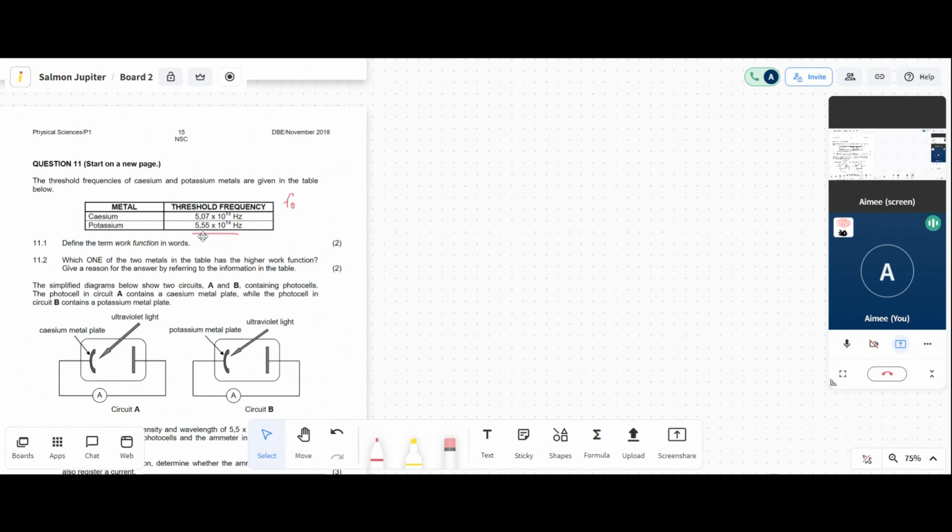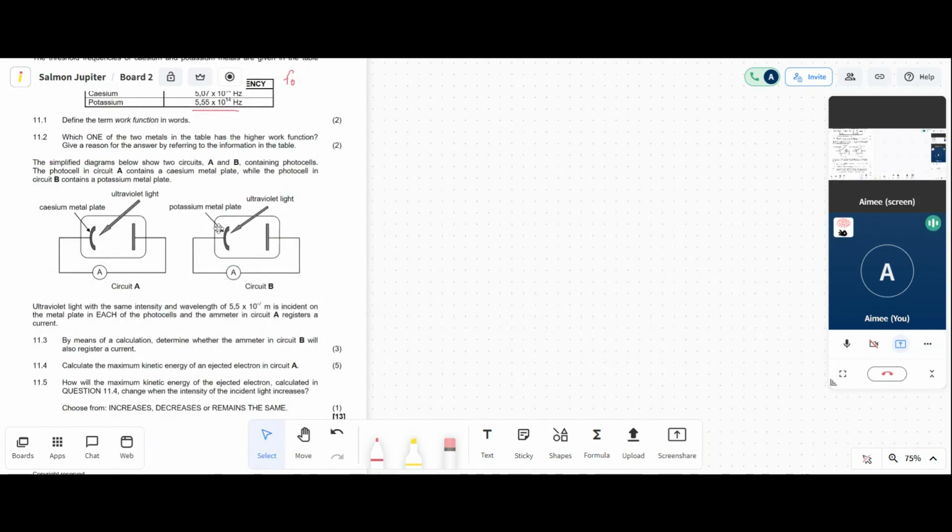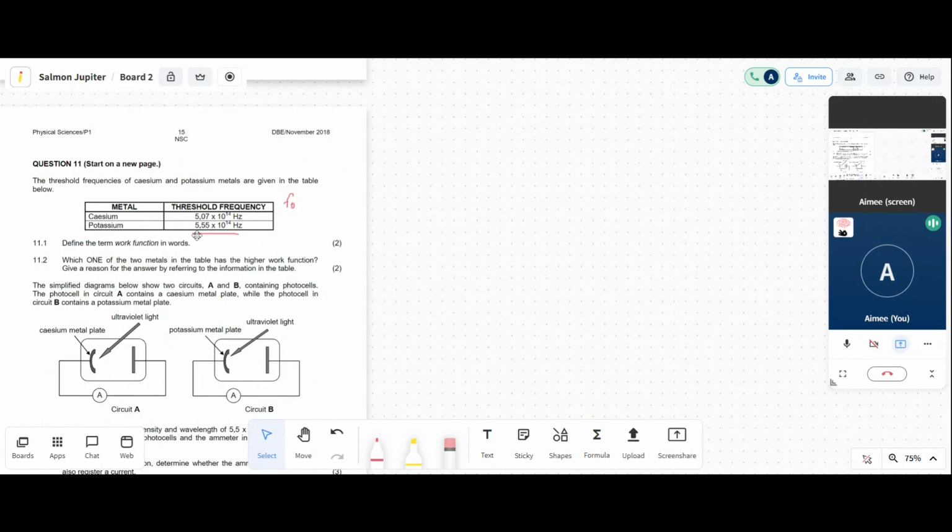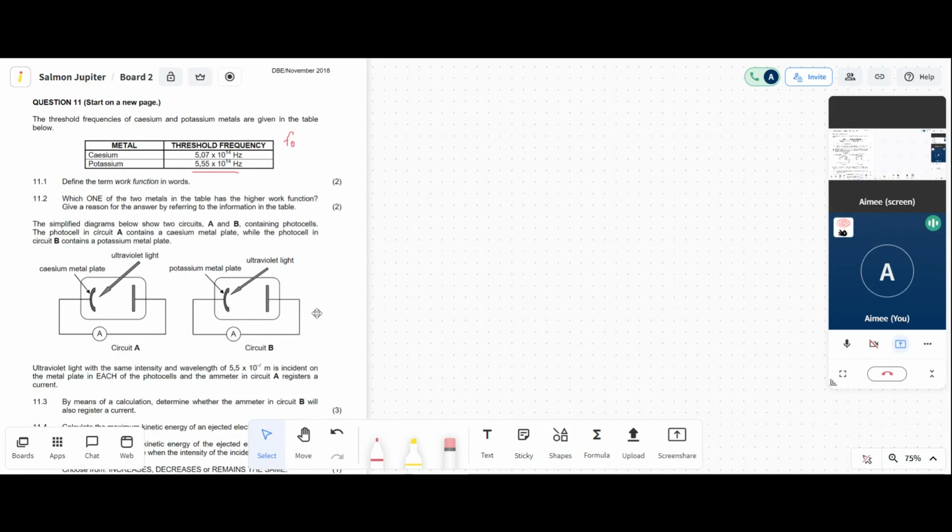If it's equal to or higher than my threshold frequency for potassium, then electrons are being ejected and there is current flowing through the circuit. If my frequency of light that is hitting this plate is lower than 5.55 times 10 to the 14 hertz, then no, there will be no current flowing through this circuit.